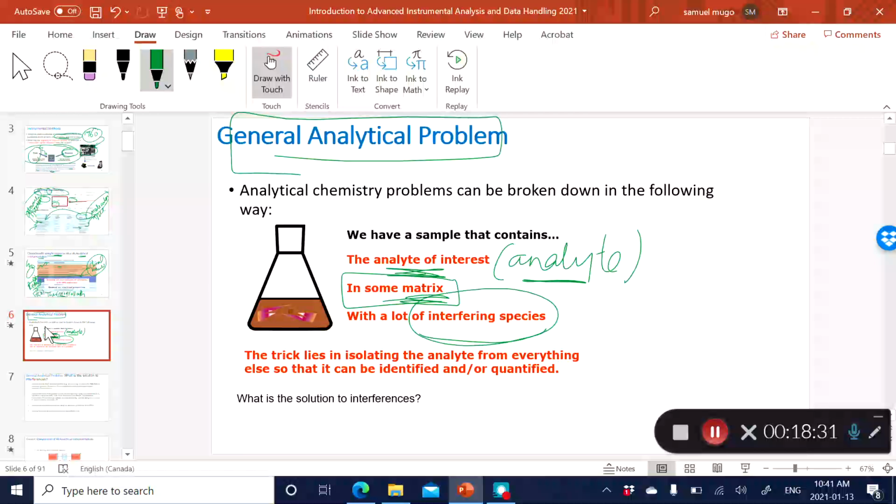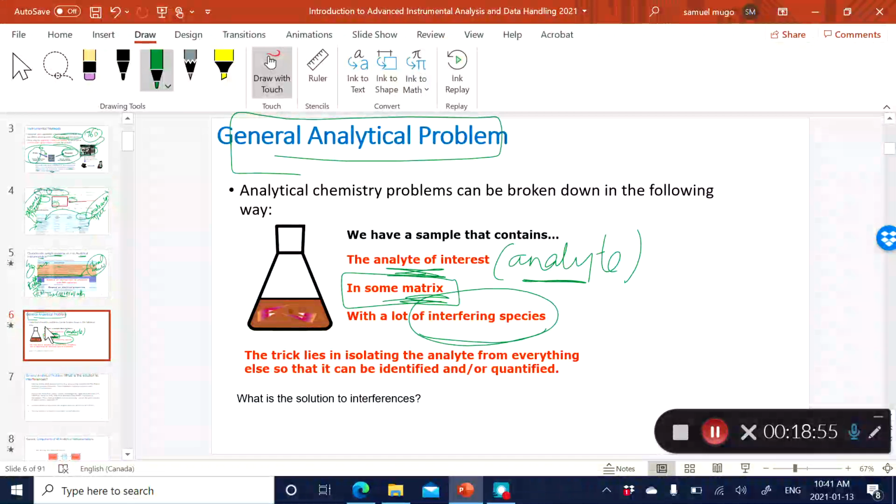Let me give you an example. If you have blood and you're trying to analyze the glucose in blood, think about all the other junk that is present in blood that you're not interested in other than glucose. There are proteins, there are red blood cells, there are salts, there are electrolytes, and so forth.